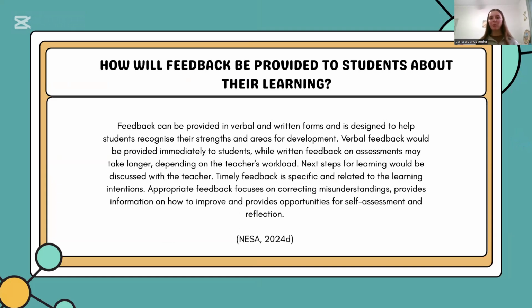How will feedback be provided to students about their learning? Feedback can be provided in verbal and written forms and is designed to help students recognize their strengths and areas for development. Verbal feedback will be provided immediately to students, while written feedback on assessments may take longer depending on the teacher's workload.